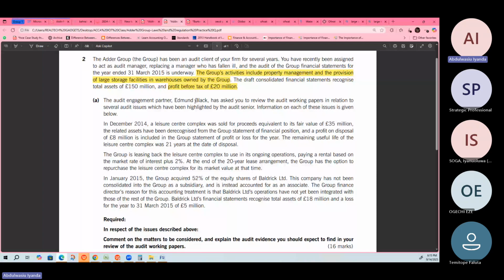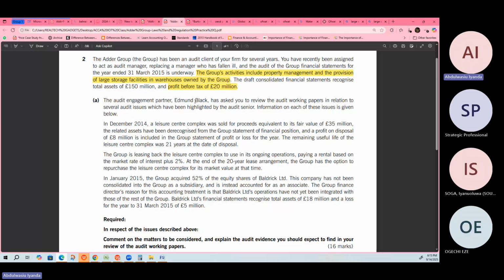I want to say it is not going to be material, but you need to prove it. Let's use the highest number: 10,000 divided by 20 million multiplied by 100. How much is that? It will give you 0.00 something. I don't just want to say it's likely material since I have the number.